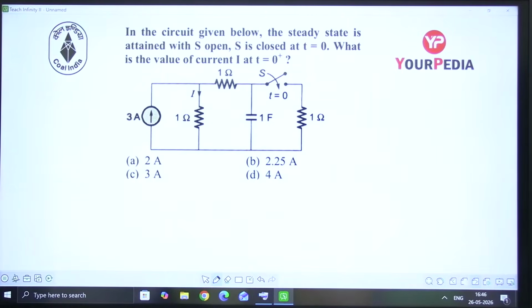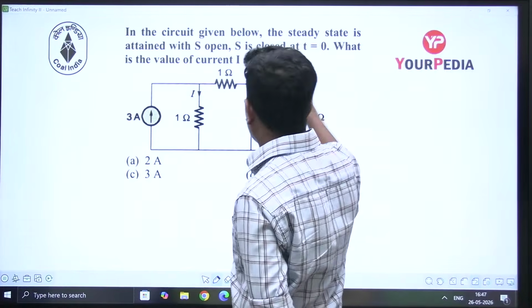It means the switch is opened and the steady state is achieved.